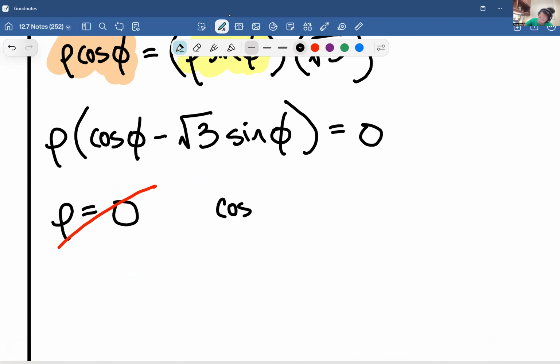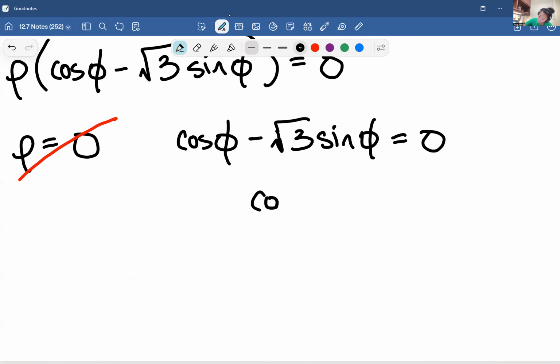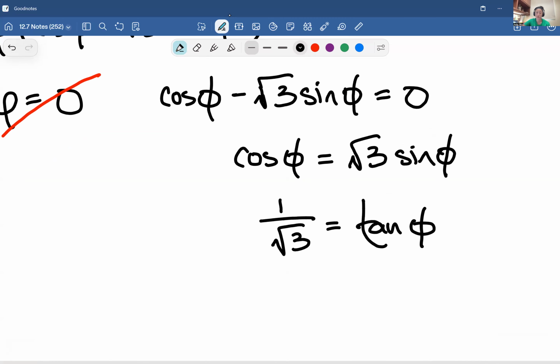We've got cosine phi minus root 3 sine phi equals 0. I'm going to add that root 3 sine phi to the other side, and then we've got cosine phi equals root 3 sine phi. I'm going to divide by the cosine to the left, and I'm going to divide by the root 3 to the right. And I'm going to get 1 over root 3 is sine phi over cosine phi, which is tangent phi.